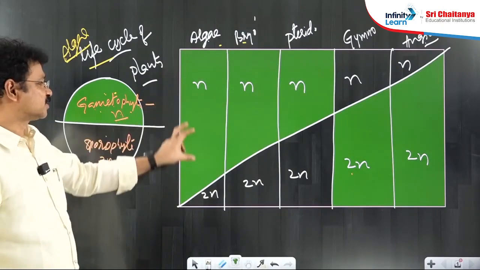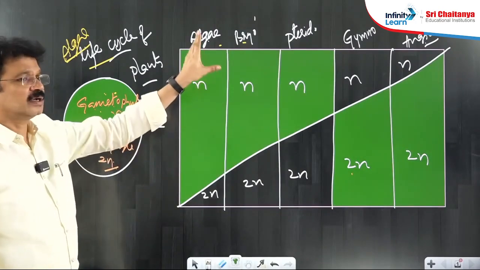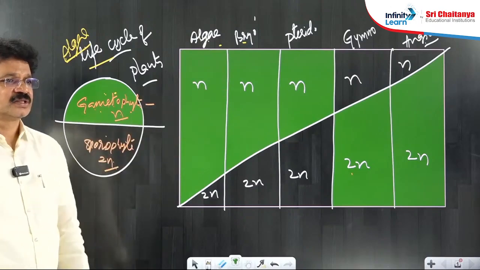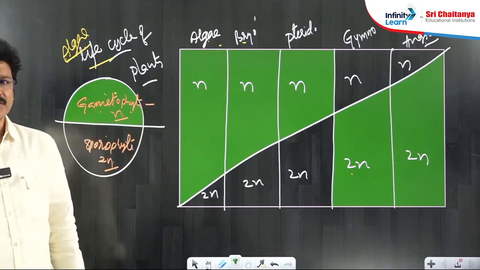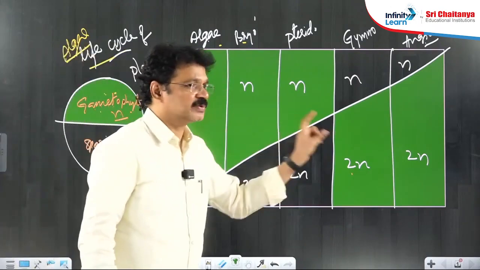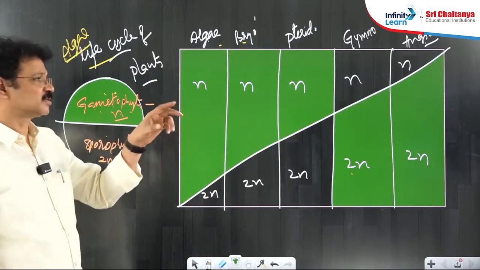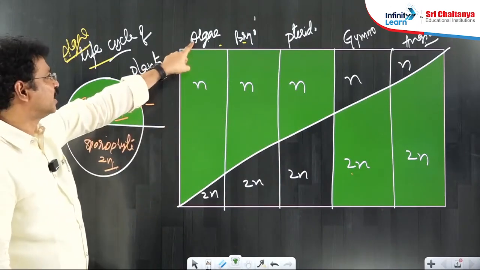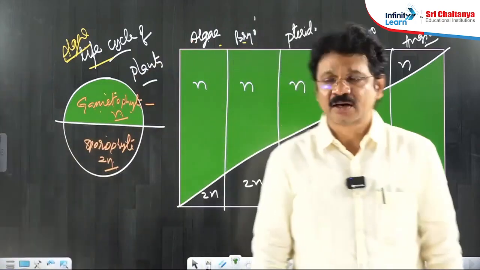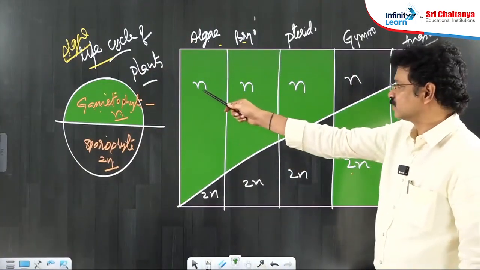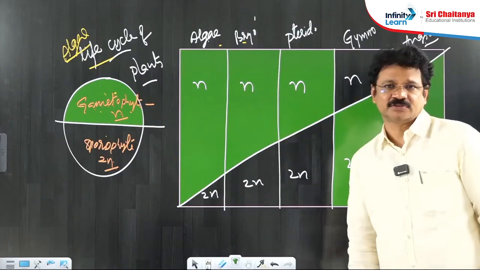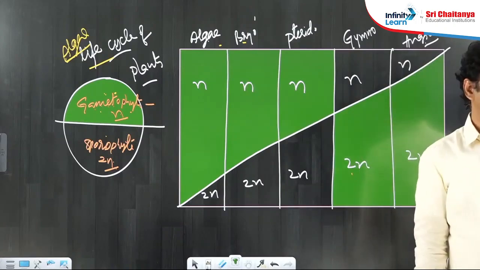Where the green coloration is there, that phase is independent or photosynthetic. Based on this kind of graphical presentation, you can solve several questions here. What is the independent phase in algae? In algae, green color is given for N. So gametophyte is independent.